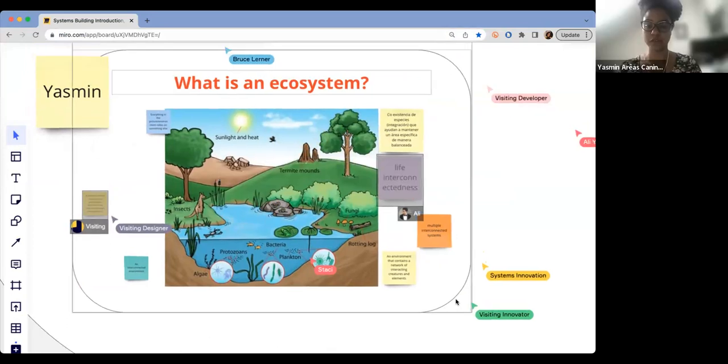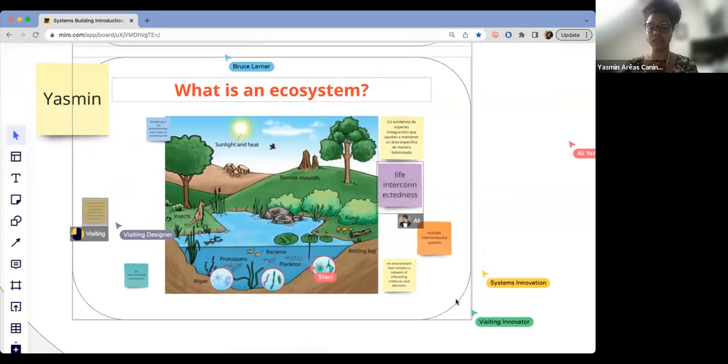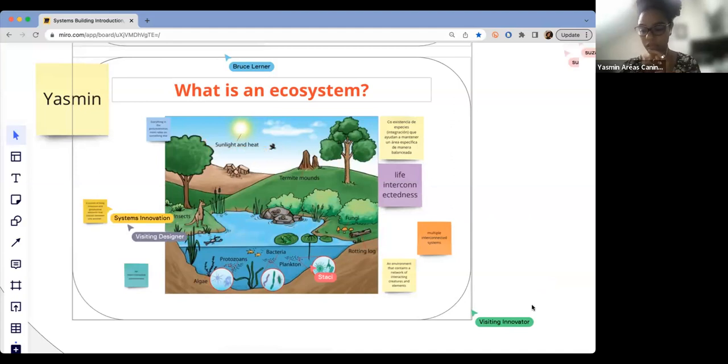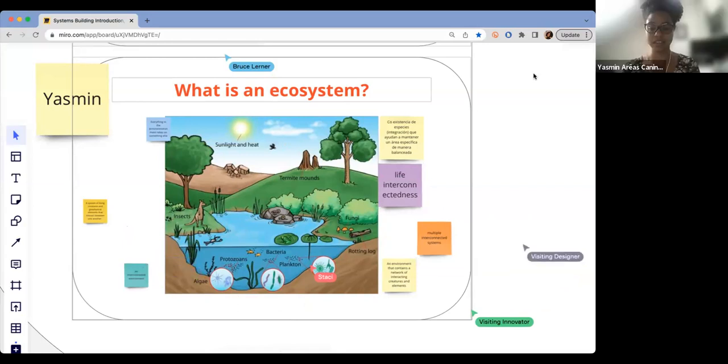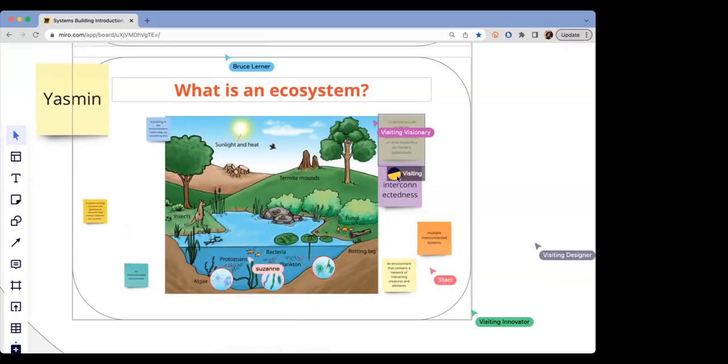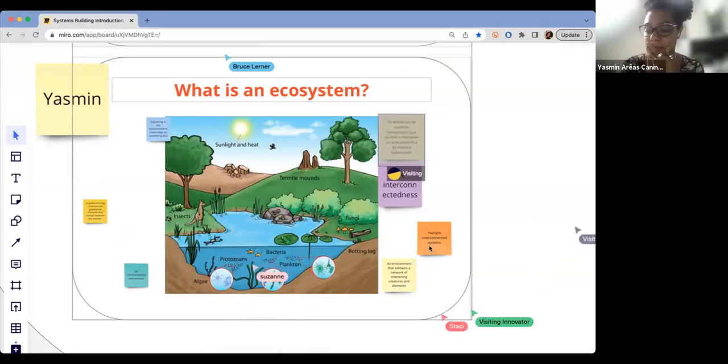Yeah, this diversity that we find here is essential to, as was said before, the sustainability, right? The equilibrium that creates here in this image. Very good inputs. Thank you. We have some stickies here. An interconnected environment. Yes. Yes.